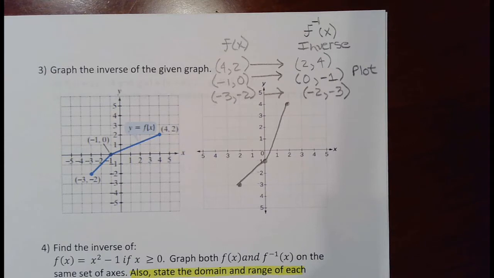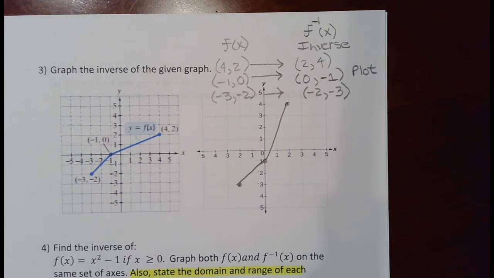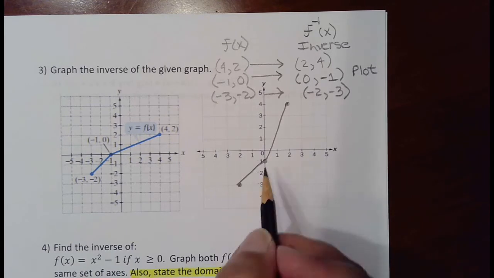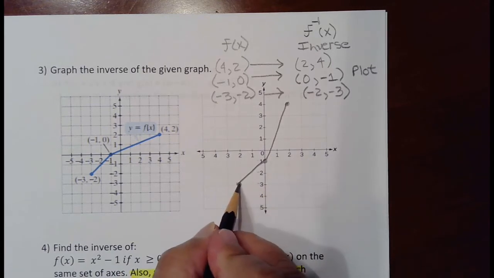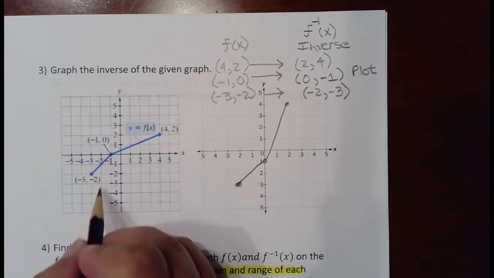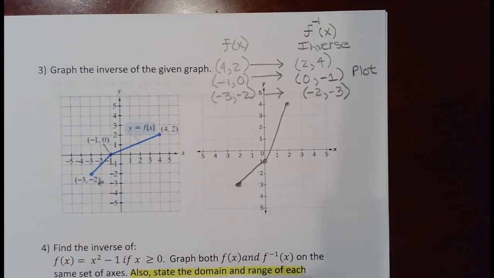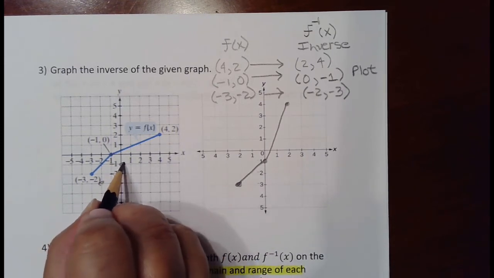Okay, so we had -2, -3. That was one of the points that we just plotted over here. We had 0, -1, and we had 1, 4. Okay, so this was one of the lines, and this was one of the lines.